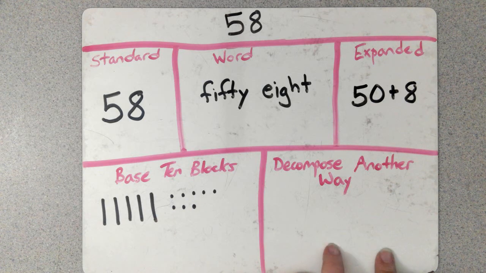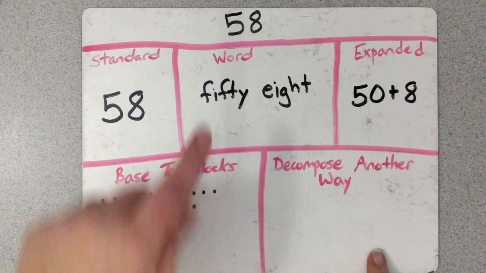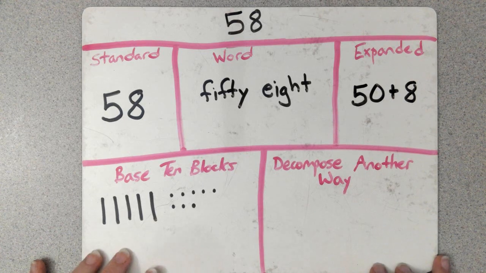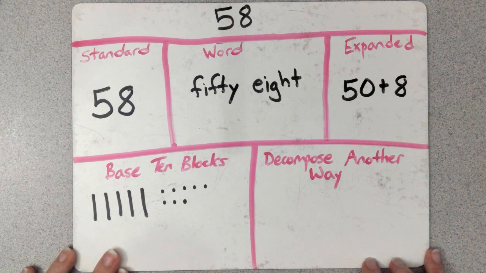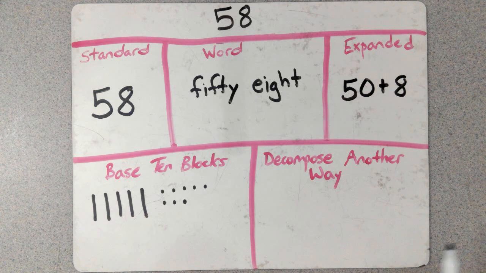Now, decomposing another way. I want to use my base 10 blocks again, and it still has to be the value of 58, but I want it to look differently. This is where we have taught our students, our kiddos, that it might look different but be the same value, such as if I had a $20 bill or 2 tens, still 20 bucks, or 20 $1 bills, still 20 bucks.